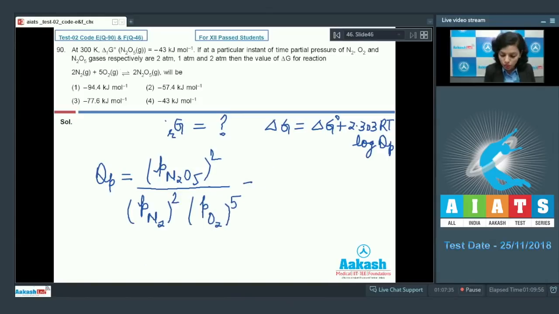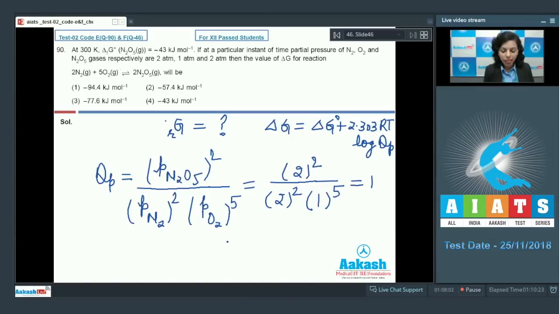This is the expression with the help of which I'm going to find the QP value. The pressure of N2O5 is clearly given in the question: the partial pressure of N2O5 is 2 atmosphere. This would be 2 raised to the power 2 divided by the pressure of nitrogen, that is also 2, and the pressure of oxygen is 1 atmosphere raised to the power 5.